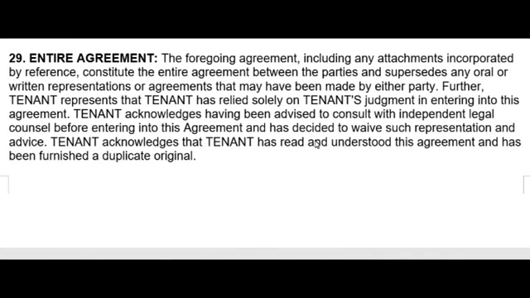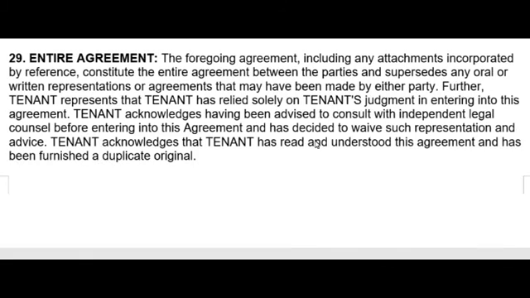The foregoing agreement, including any attachments incorporated by reference, constitutes the entire agreement between the parties and supersedes any oral or written representations or agreements that may have been made by either party. Further, the tenant represents that the tenant has relied solely on the tenant's judgment in entering into this agreement.